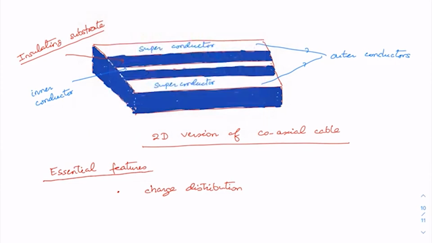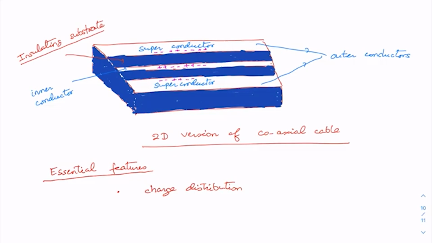Say here positive charge, negative charge, positive charge, negative charge, some kind of accumulation is there, and then here you have negative charge, positive charge, like this. And in this other conductor here you have negative, positive, negative, like this.